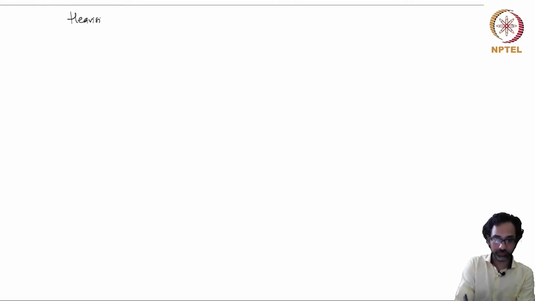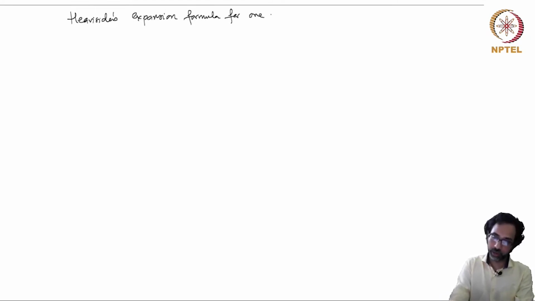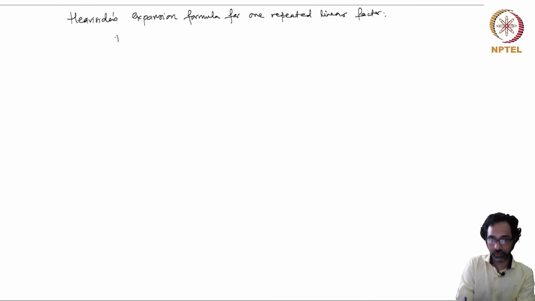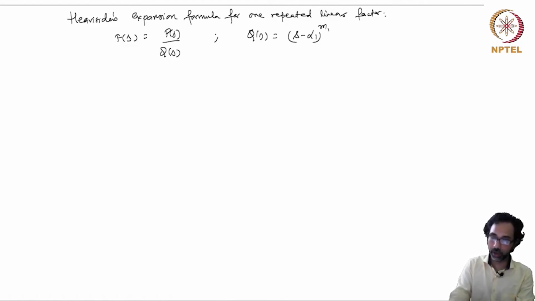So Heaviside's expansion formula for one repeated linear factor. In this case we have F(s) equals P(s) over Q(s), and Q(s) is of the form (s minus alpha 1) to the power m, and then you have the rest of the linear factors, beta 1 to beta n, say.